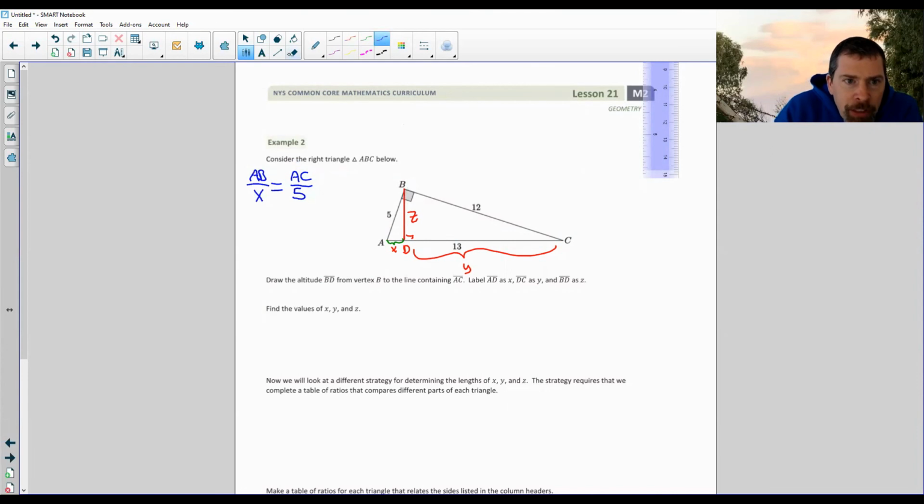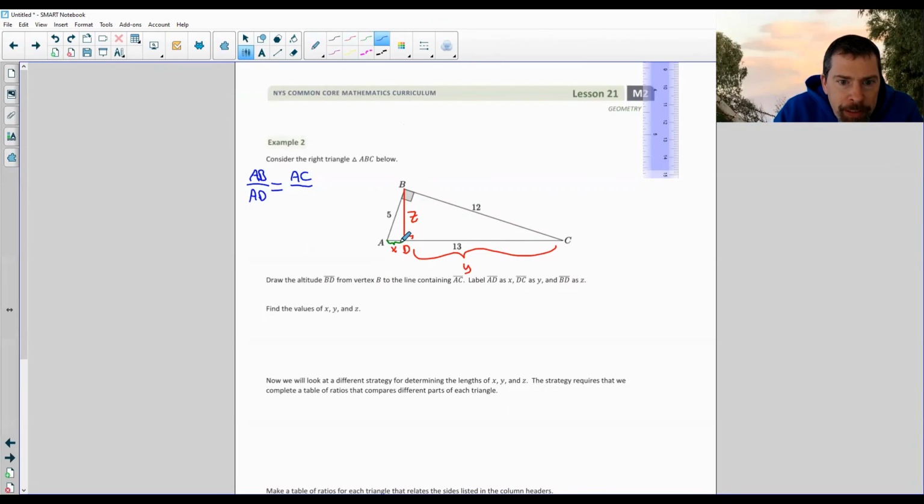Actually, let me put that as letters first, and then I'll substitute in my givens. We're comparing side, side. So this is AD.